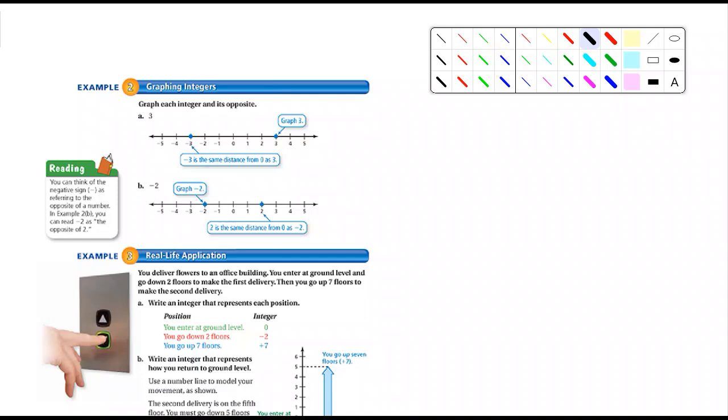And let me point out something that they mentioned earlier. Notice again that the opposites, Miss Harley, are the same distance from 0. So Miss Harley, look at negative 3 here. How far is that from 0 on the number line? 2 places.